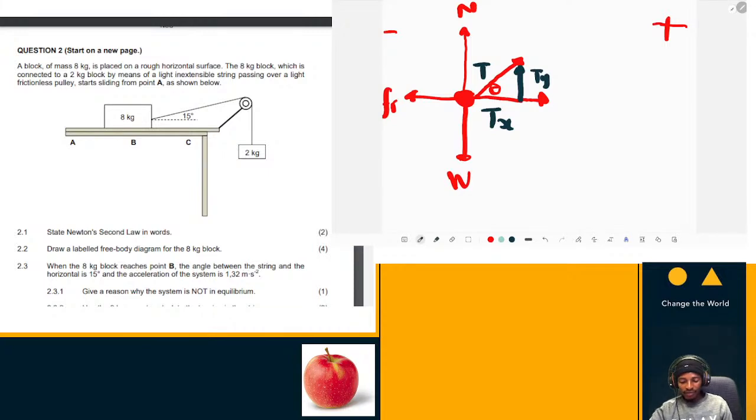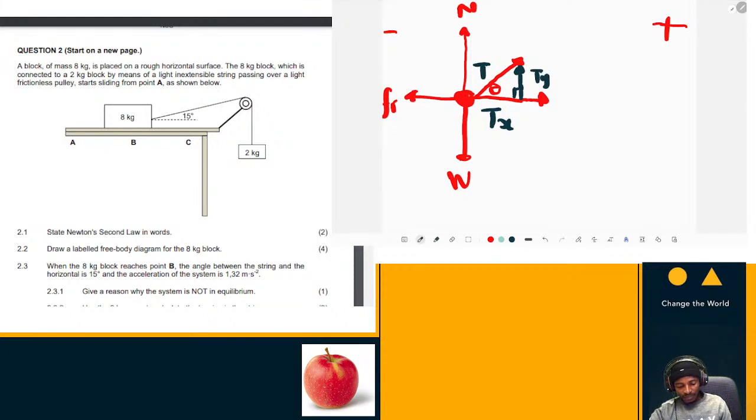So now we have formed a closed triangle, and there will be 90 degrees. We have formed a closed right-angled triangle. Why 90 degrees?